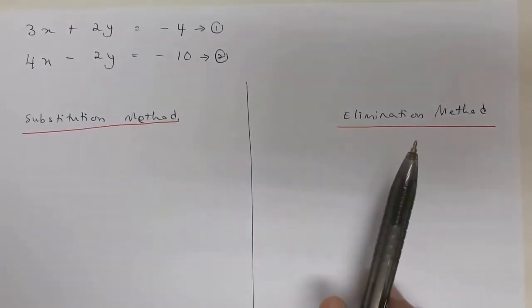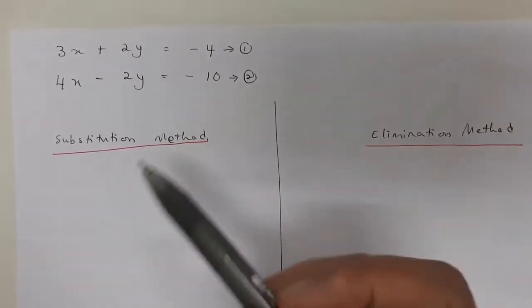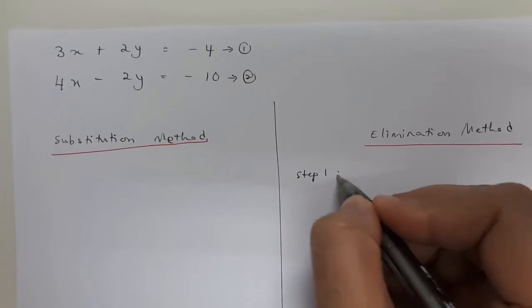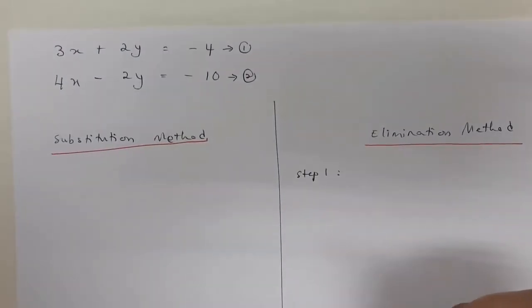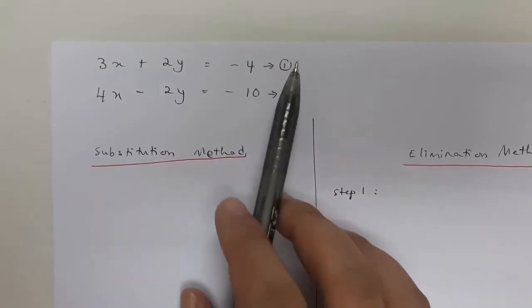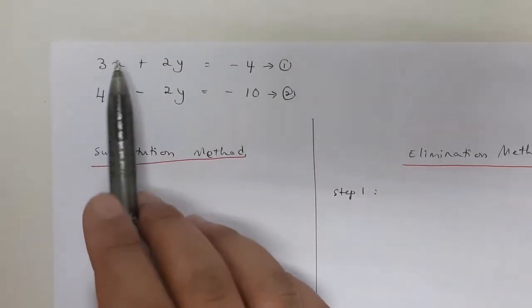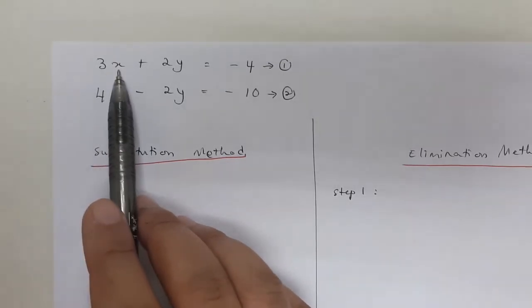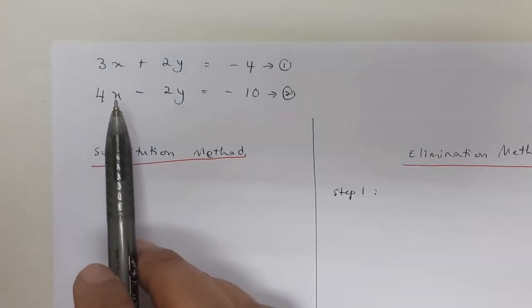Okay, let's start with elimination method. For elimination method, step 1, choose one variable that we want to eliminate. Let's look at these two equations. The coefficient for x is different. Here we have 3x and here we have 4x.